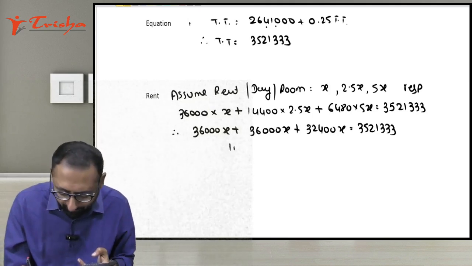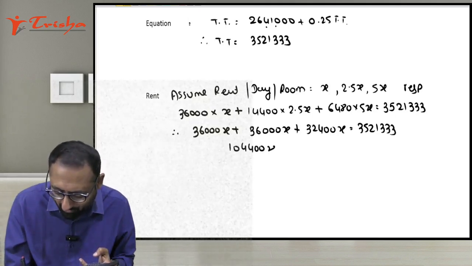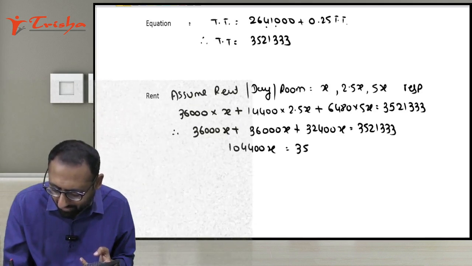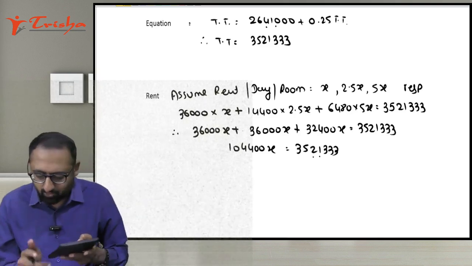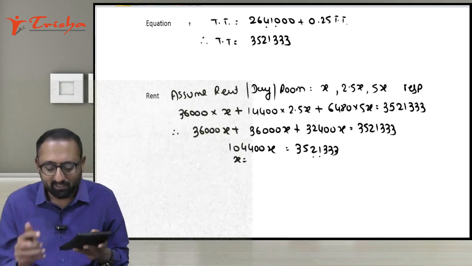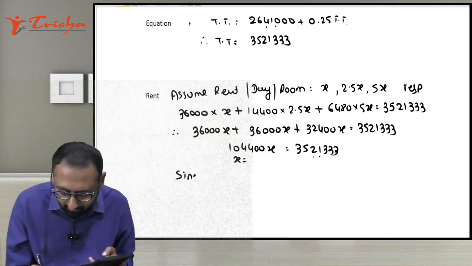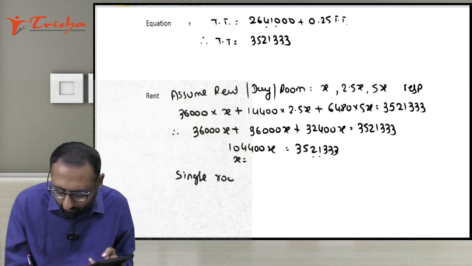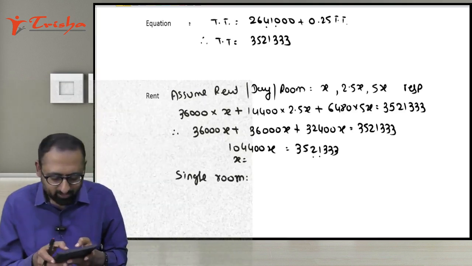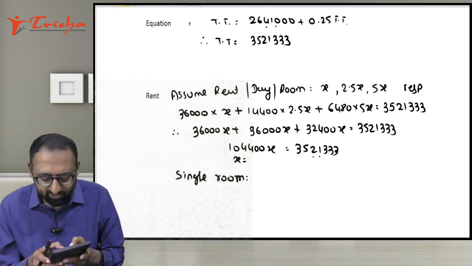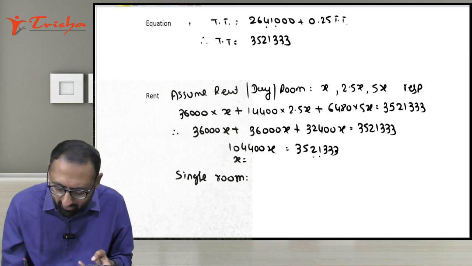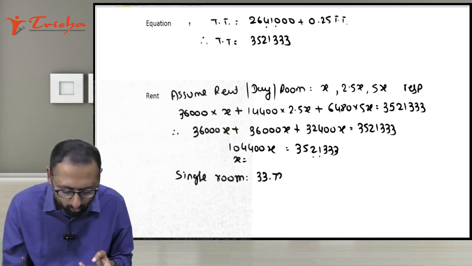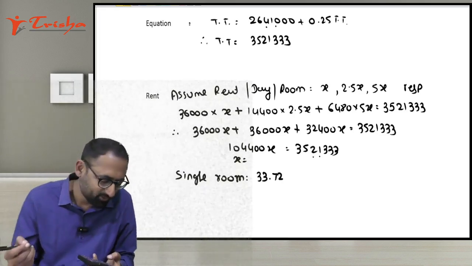So 1,04,400x is equal to 35,21,333. Your x value, the fare of the single room per day, will be 35,21,333 divided by 1,04,400, which is 33.72973.